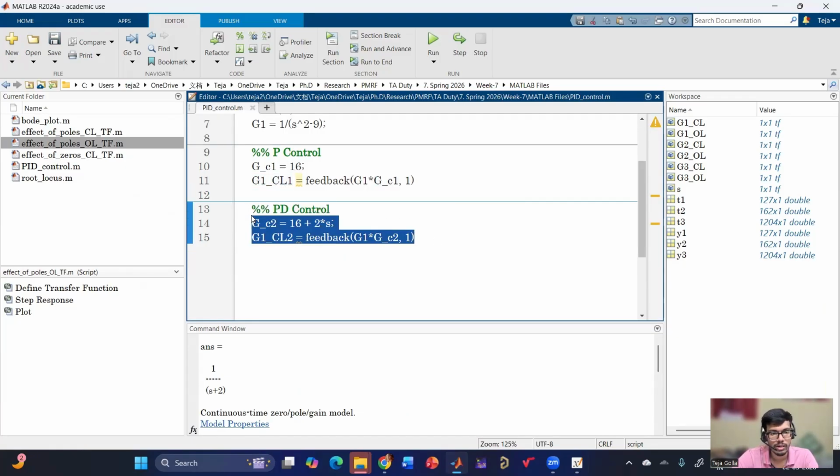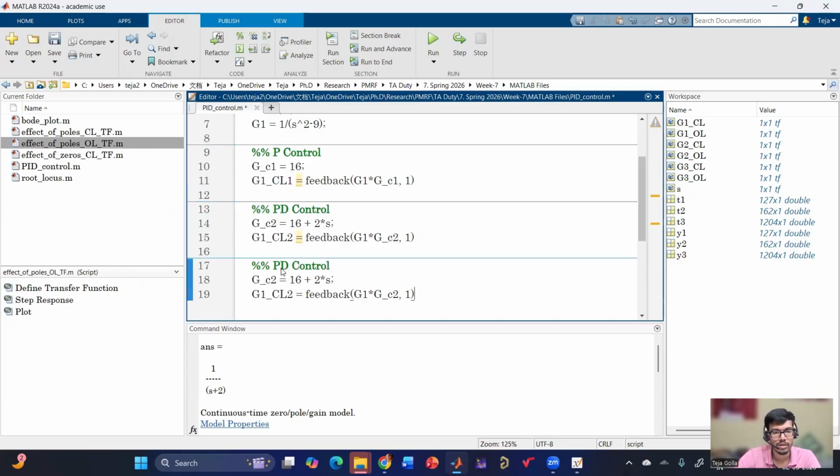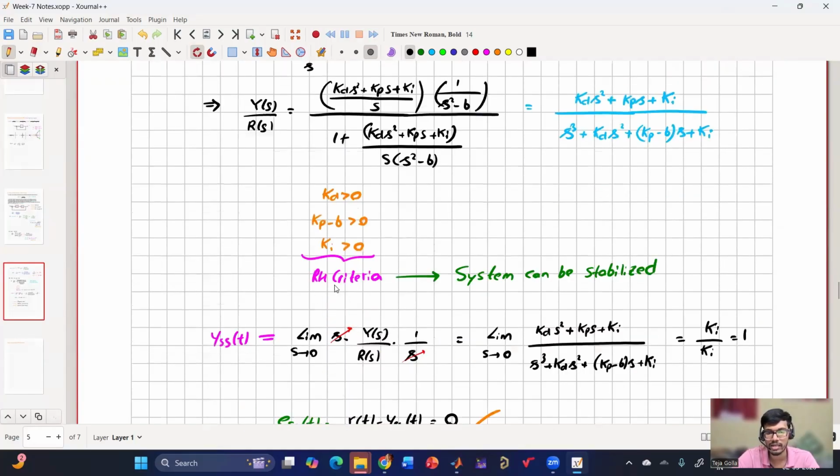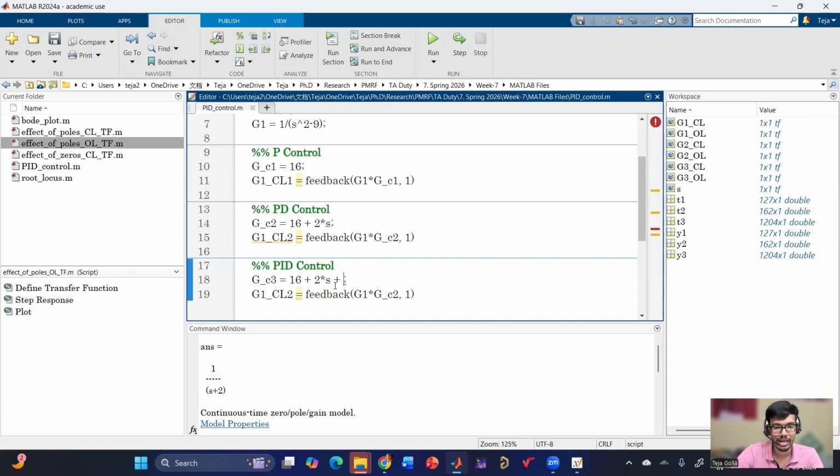Now let me go to the PID control. I'm calling it GC3, so KP plus KD s plus KI by s. We have to see the condition from the Routh-Hurwitz criteria if there is any interrelation. But let me consider KI to be 1, and then let us see what the closed loop poles will be, or we might be making a mistake. Again, we have to see that.